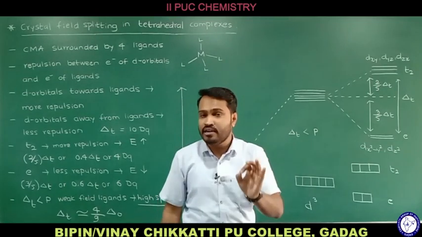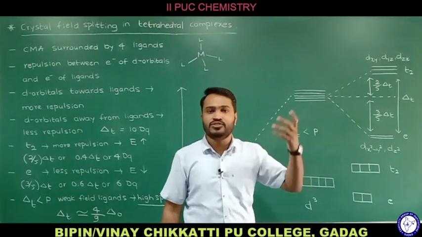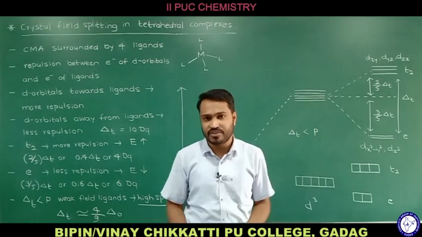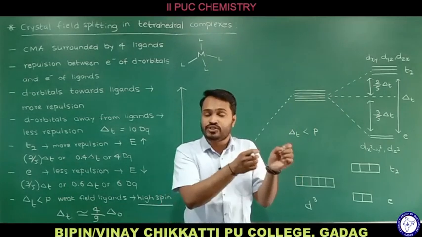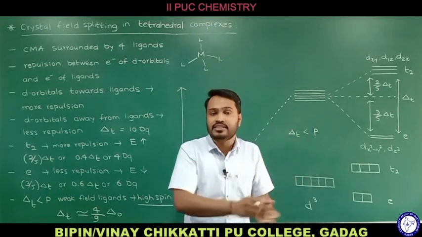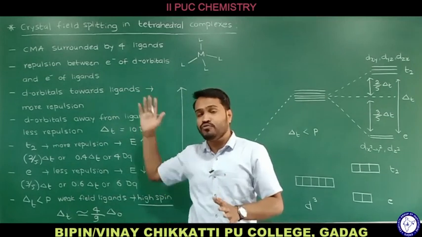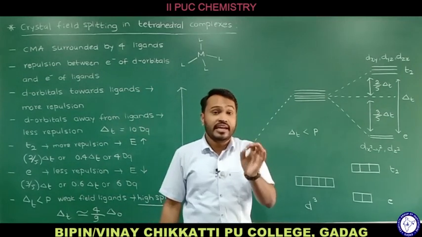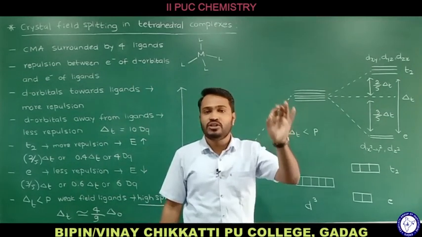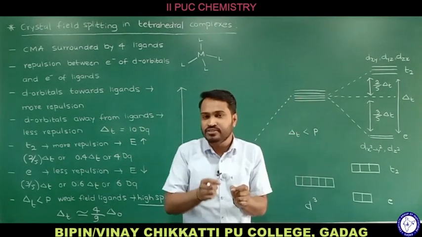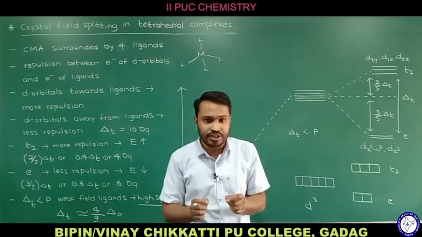Remember, in octahedral complex, eg experiences more repulsion, therefore high energy. t2g experiences less repulsion and less energy, whereas in case of tetrahedral complex, t2 experiences more repulsion, high energy. e experiences less repulsion, less energy.